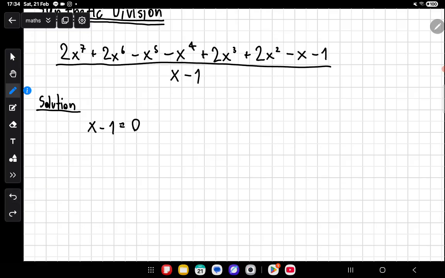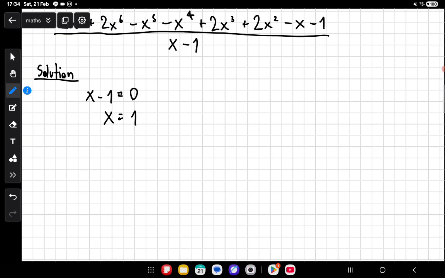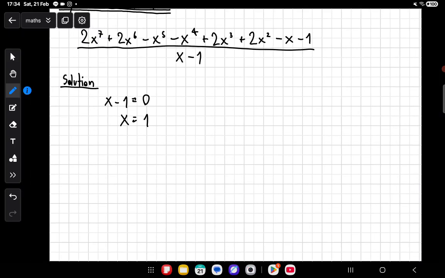That we're going to assume it's equal to 0. So x equals positive 1. Okay, what do we do after this? We extract the coefficients. 2, 2, negative 1, negative 1, 2, 2, negative 1, and negative 1.